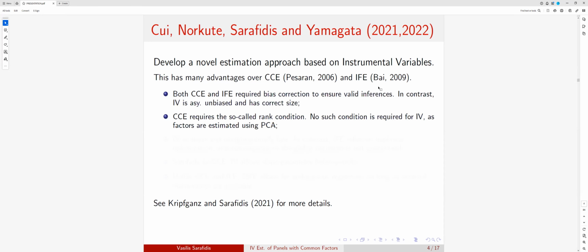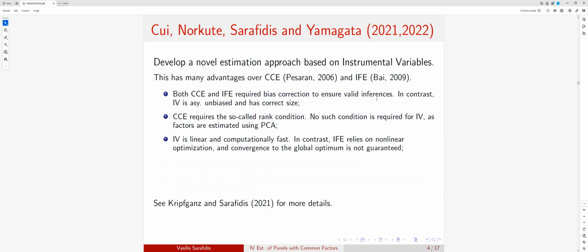Secondly, our approach does not require the so-called rank condition, which is necessary for consistency of CCE. Thirdly, our method is linear and computationally very fast. In contrast, IFE relies on nonlinear optimization, and therefore convergence to the global optimum might not be guaranteed.